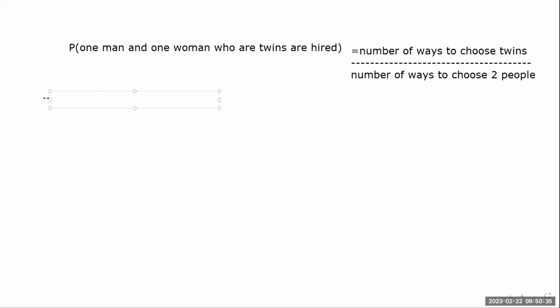So we have the probability that one man and one woman who are twins are hired. Now, remember, we have to choose the twins from the twins. How many people are going to be in that group? Well, there's going to be 2 people in that group of twins, right?